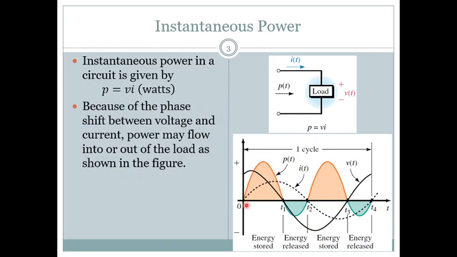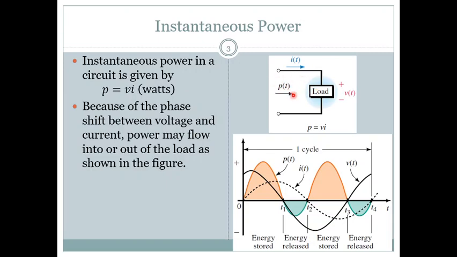As you can see here, there are certain parts where the power is positive, meaning that power goes into the load, and there are certain parts where the power is negative, meaning that the power comes out of the load, that is, from the load to the source.